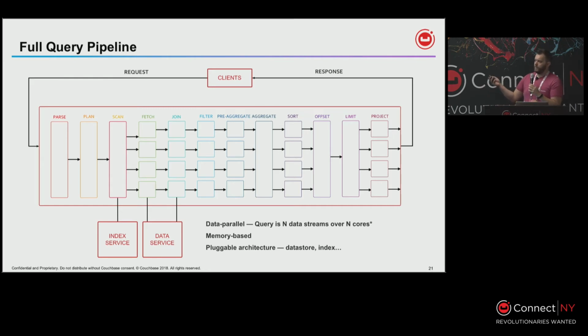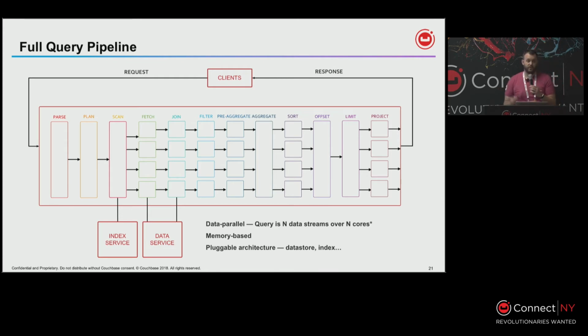Based on those results, we would potentially need to go to the data service and fetch each of the individual documents that were a part of the predicate or necessarily being returned and get the appropriate data to do any joins, any additional filtering, right? Any pre-aggregation or aggregates that are happening.